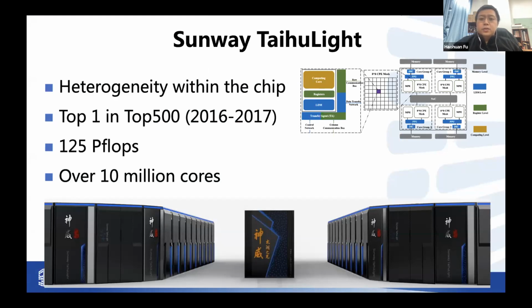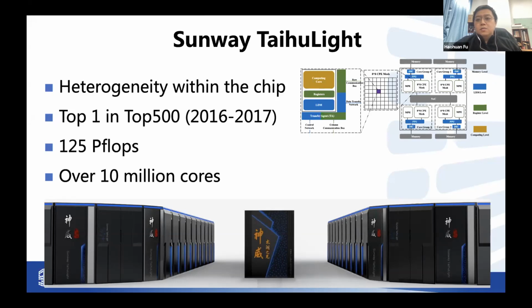And as you can see from the figure, it's divided into 4 core groups. Each core group has one, we call it management core, which can do both computing and all the management tasks. And then there are 64 computing cores organized as an 8x8 core array. That's the major computing force of this machine.